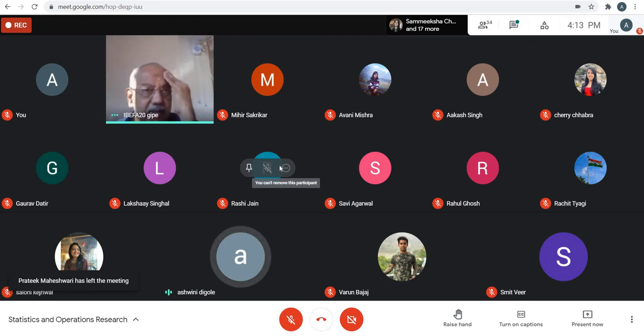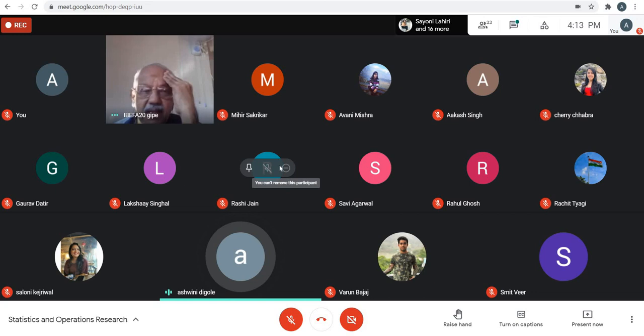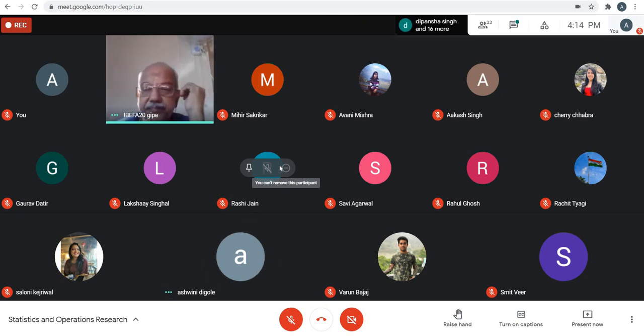Then primal and dual. And last we have done sensitivity analysis. Okay. What is the difference between TP and AP? In transportation problem, we have seen sources and their delivery destinations. And in assignment problem, we have seen workers distribution, work distribution. Okay. Good.